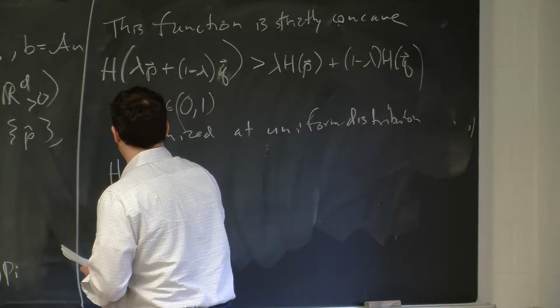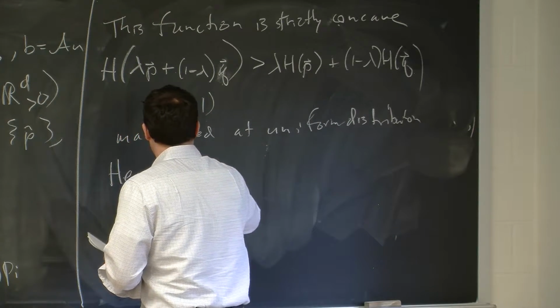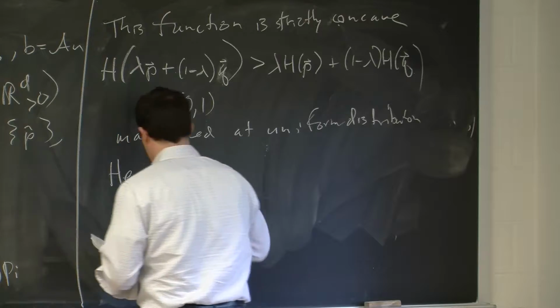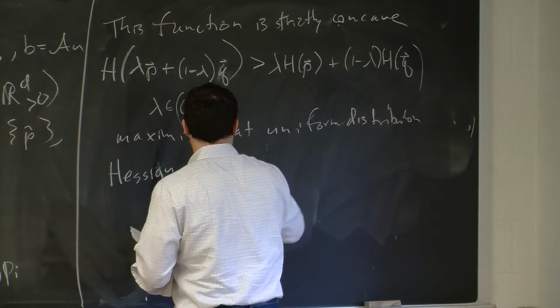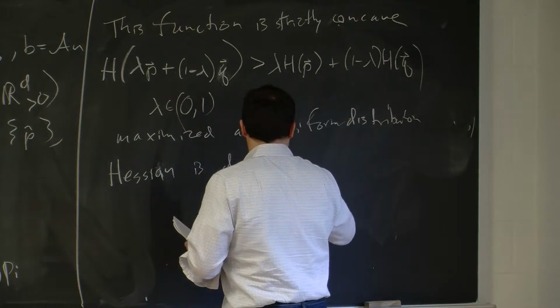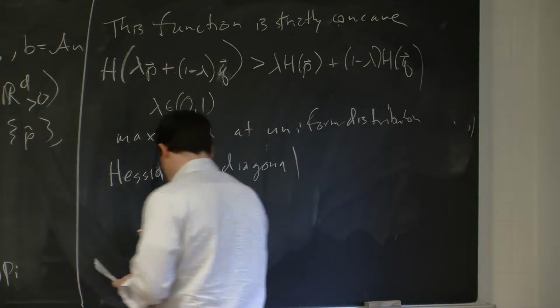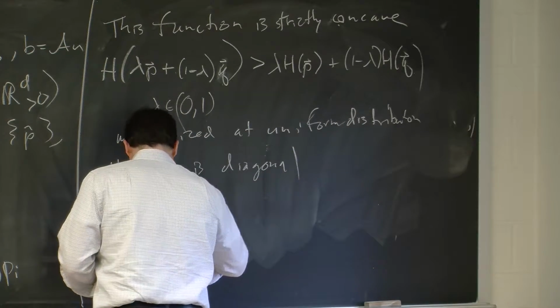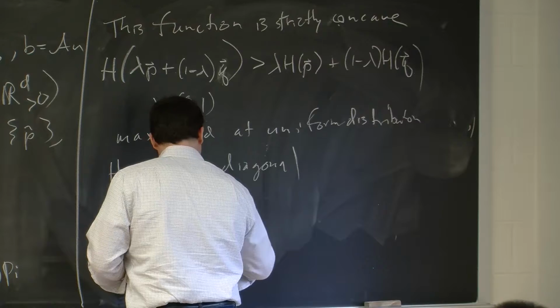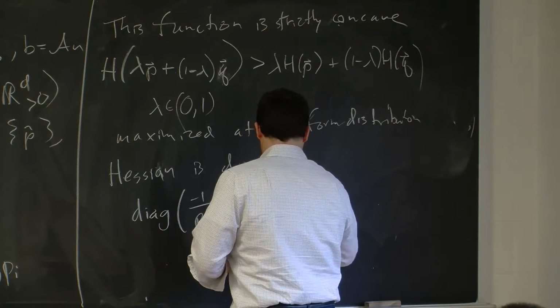And its Hessian. Remember, when things go wrong, our Hessians are causing the problem. Its Hessian is diagonal. It's a matrix of second derivatives, and it's just minus 1 over p_1 through minus 1 over p_m.